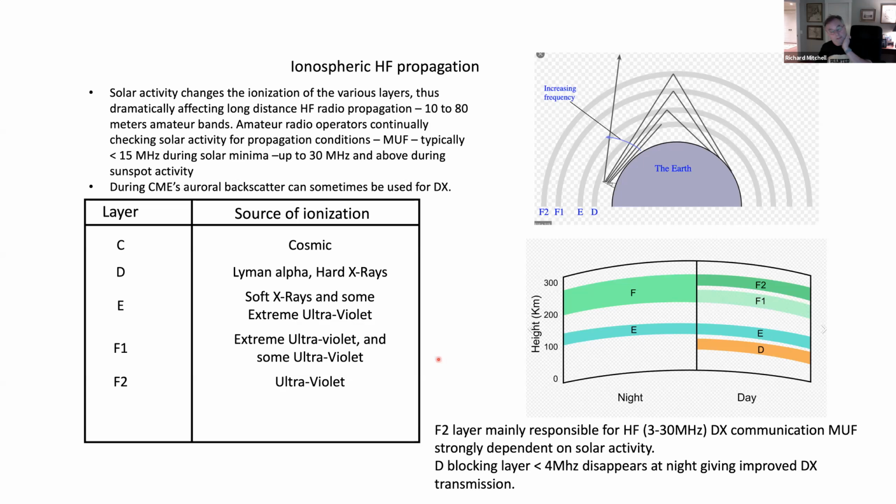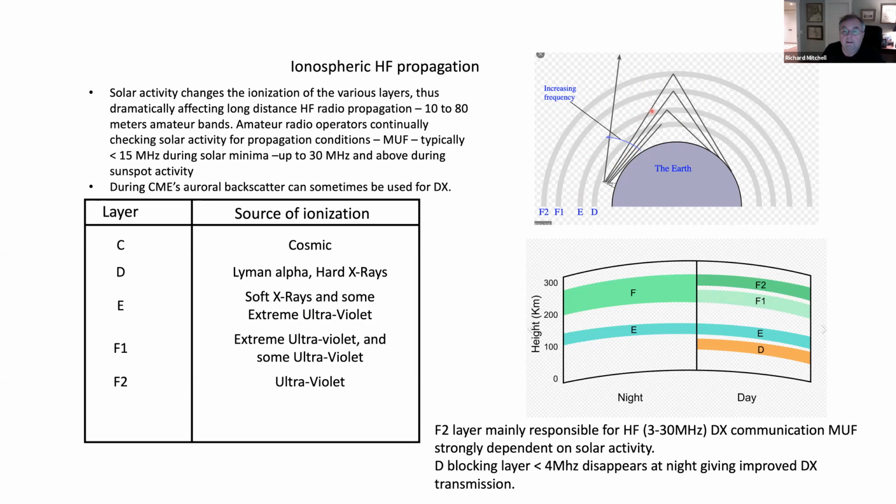And the other aspect, which is of practical interest, which again Michael alluded to, is HF propagation. The ionosphere is actually made up of a number of different layers that are created by different kinds of radiation from the sun.